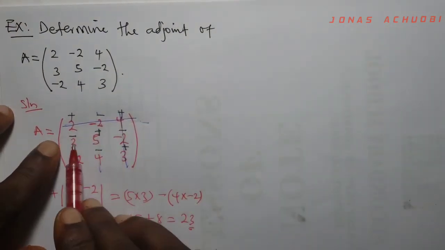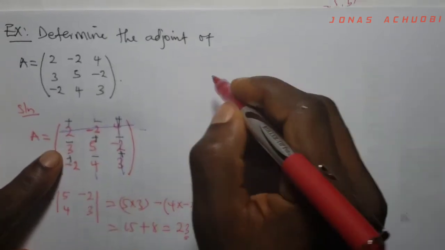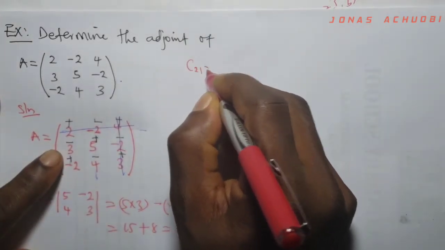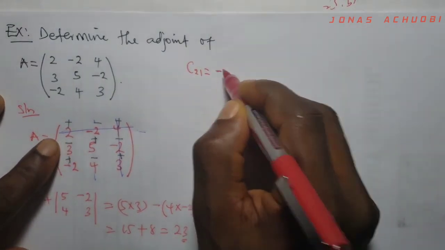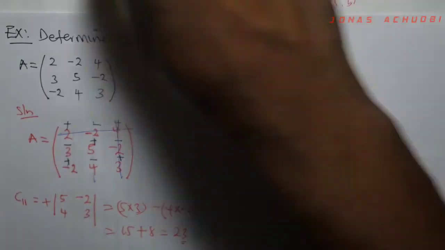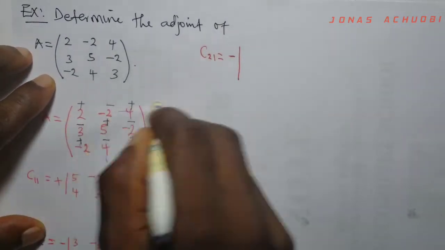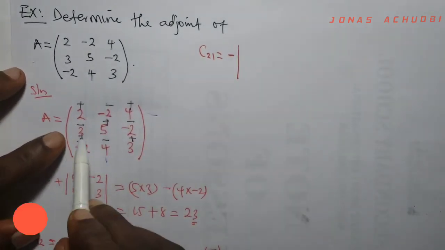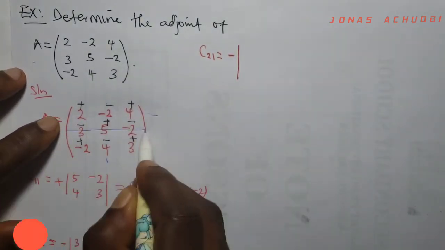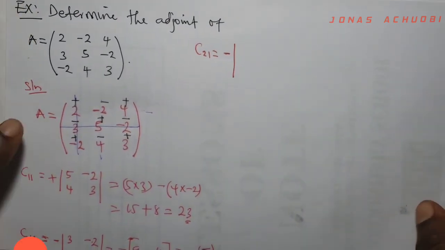So we're done with the first row. Second row: this is now A21, the entry in row 2, column 1. So C21 will be the corresponding cofactor. What sign should that be? Minus. We fix the sign first, then the minor of that entry. So I take off my line again. I hope you're following. Now this entry A21 is in row 2, I delete, and column 1, I delete. What I have left becomes the minor for that entry.